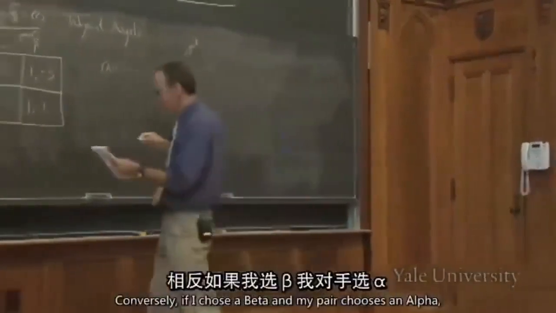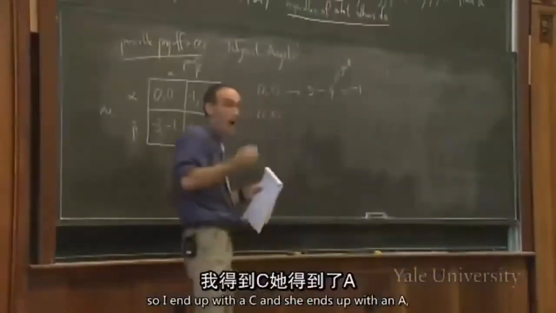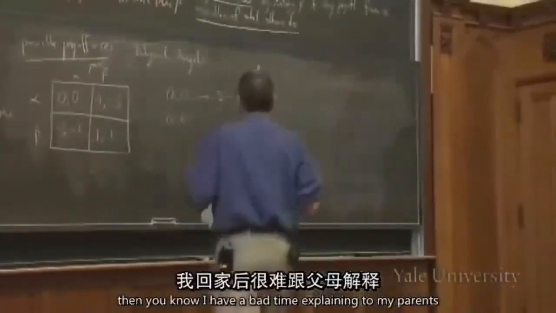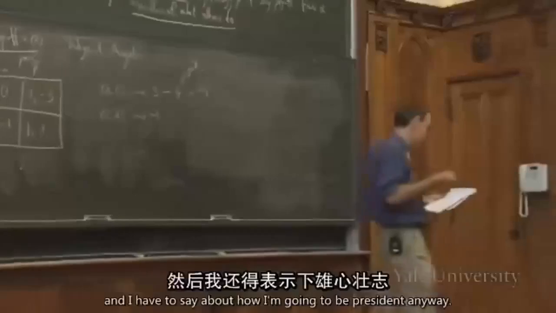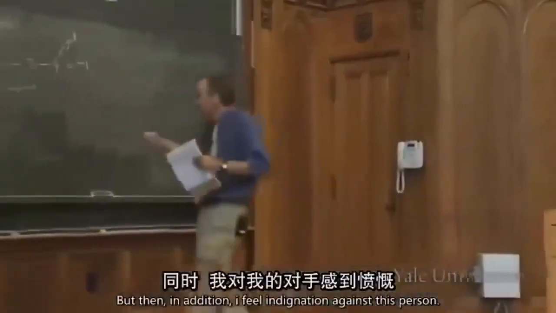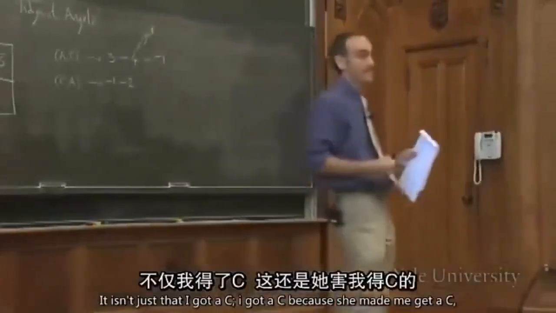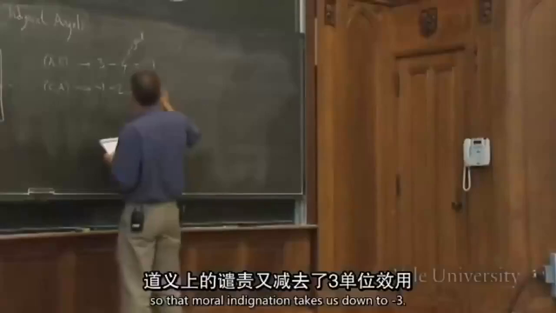Conversely, if I chose a beta and my pair chose an alpha, so I end up with a C and she ends up with an A, then I have a bad time explaining to my parents why I got a C in this class, and I have to say how I'm going to be president anyway. But then in addition, I feel indignation against this person. It isn't just that I got a C because she made me get a C. So that moral indignation takes us down to -3.